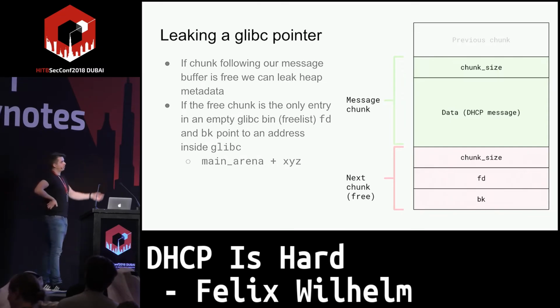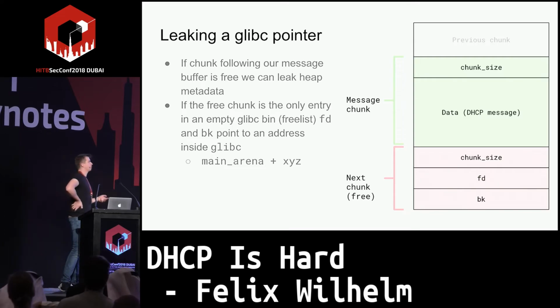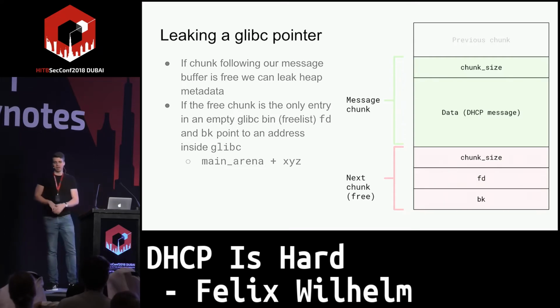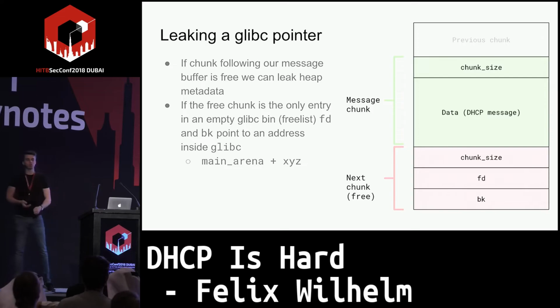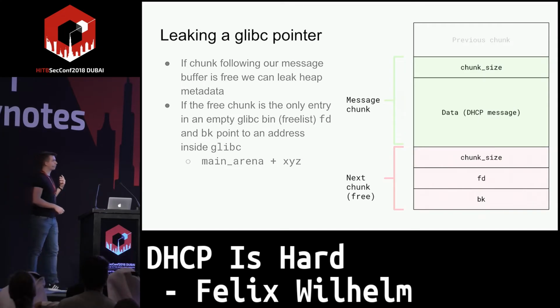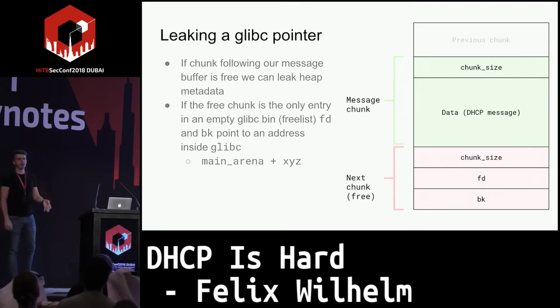And behind it comes the next chunk. If that memory chunk is a free chunk, stored inside an empty glibc bin, like a free list, or the small bins or large bins, then you actually have metadata stored on the heap: the forward and the backward pointer of a linked list.